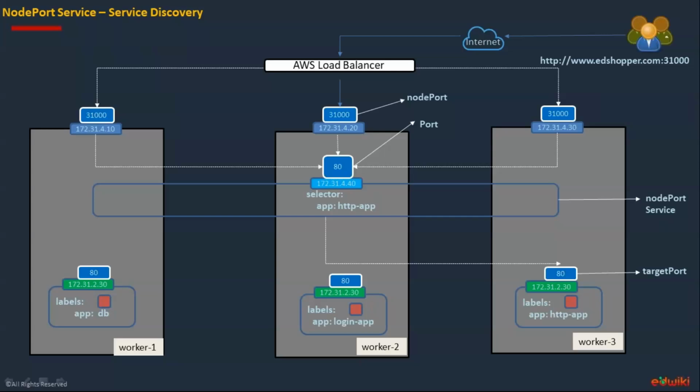But for us, we are not caring about the IP. We only care about the labels, the selectors, and the service name, and that's how we need to know the configuration. So the entire Kubernetes relies on the service and label concept only for identification. It's not worrying about any other thing. That's where the labels play the key role in the whole architecture to run multiple applications inside your Kubernetes cluster.